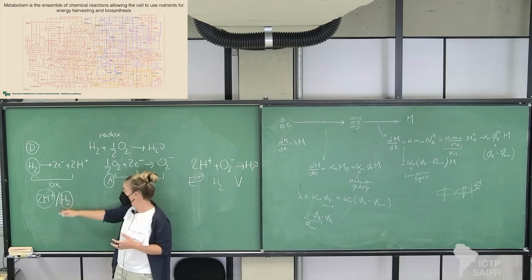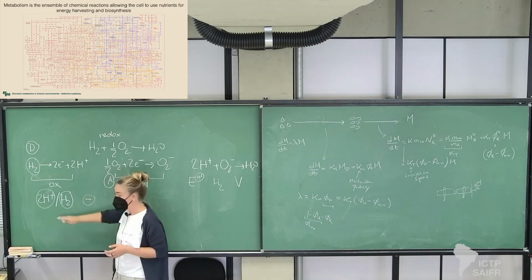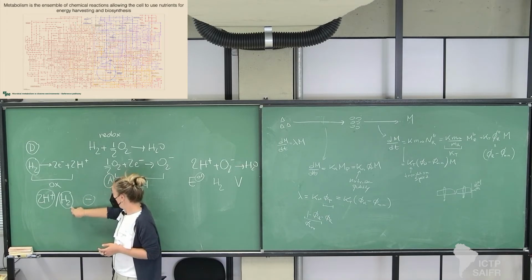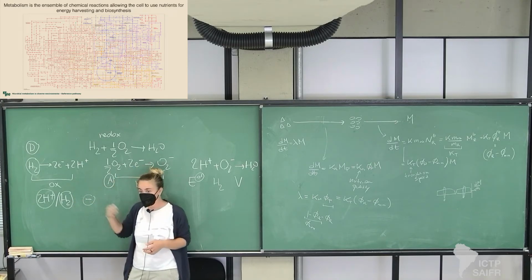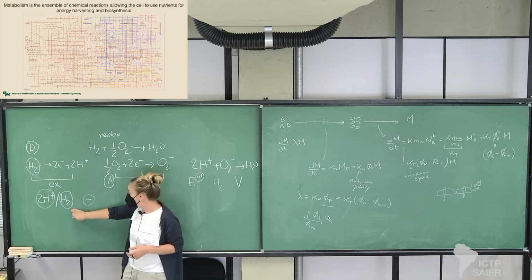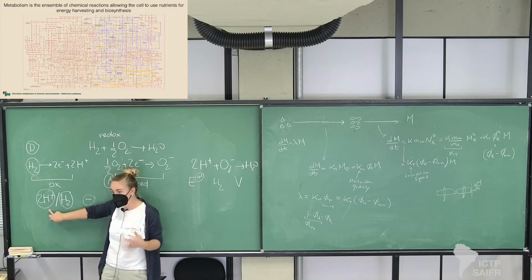donate or acquire electrons. If this potential is negative, like in the case of this couple, the most reduced one has the largest tendency to donate electrons, while this one has only a weaker tendency to acquire electrons.